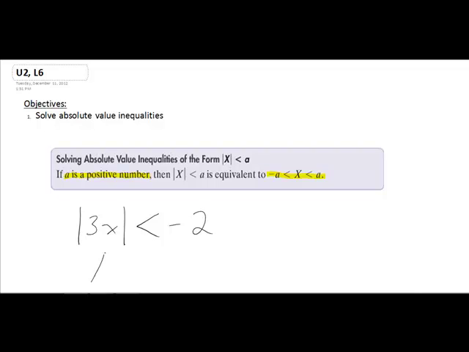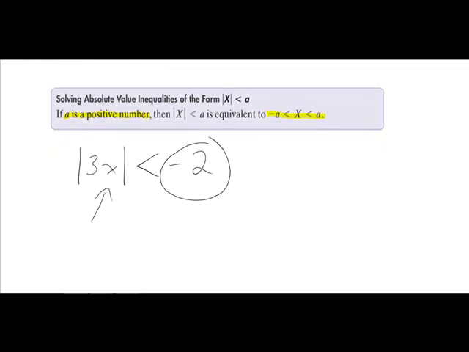So there's no value of x that you can plug in here and get a number that's going to be less than negative 2. It's just not possible, because whatever you plug in, you're going to get an absolute value, and that absolute value is going to be positive. So that's why this number that's over here has to be positive for us to even think about working the problem. If that's negative, then we know right away we have no solution. And we'll look at an example like that here in just a minute.